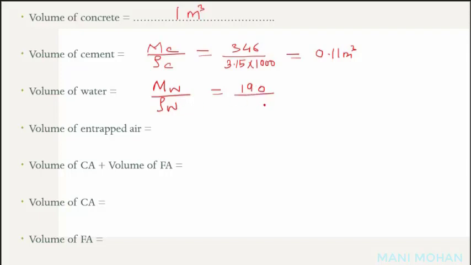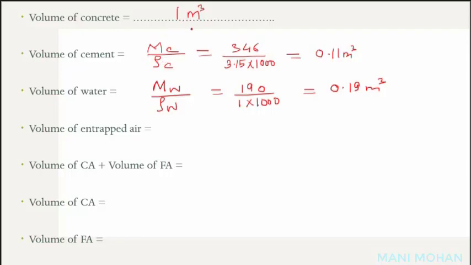The density of water again you can get by specific gravity into 1000. The specific gravity of water is 1, into 1000. So this gives me the density of water. When I do this computation, the volume of water is 0.19 meter cube.